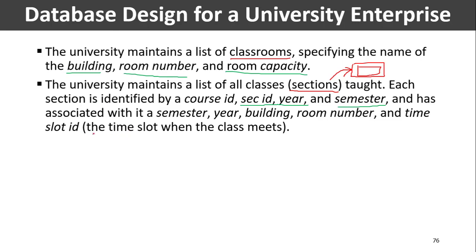So the section is associated with all these different components, and it has been mentioned that a time slot is the time when the class meets. Okay, now the time slot can be an entity set with attributes like time slot ID.